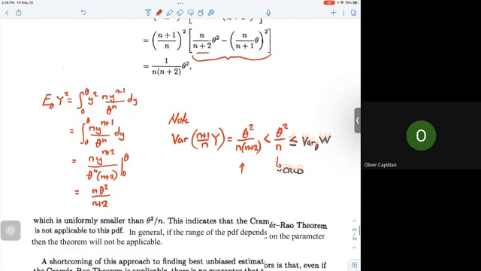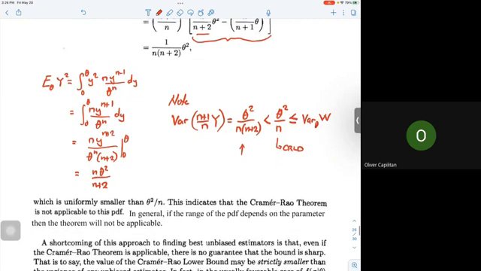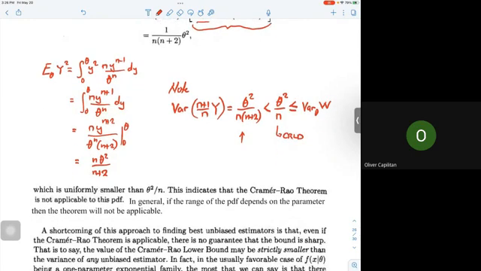So, this implies that the variance of n plus 1 over n times y, which is theta squared over n times n plus 2, is uniformly smaller than theta squared over n. So this indicates that the Cramer-Rao theorem is not applicable to this PDF.